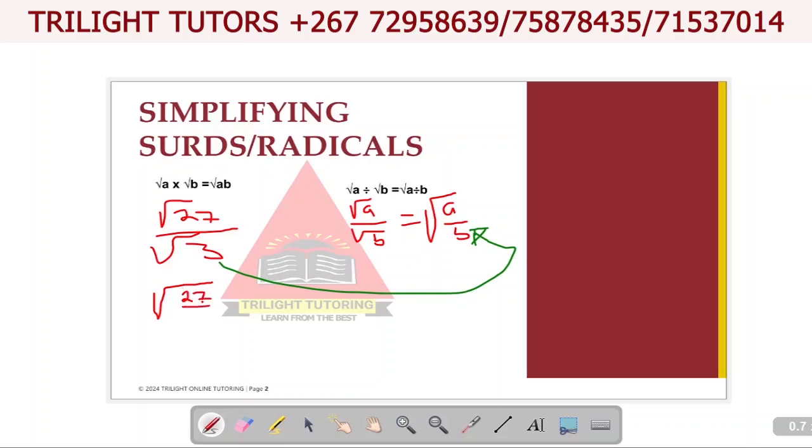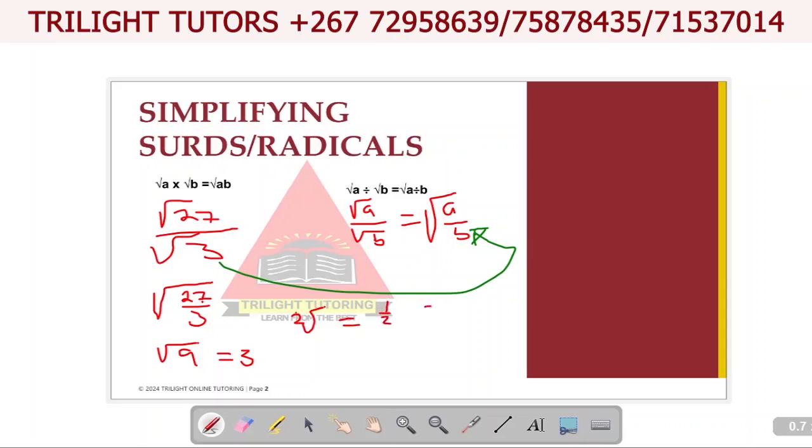After we see that 27 divided by 3 is what? 9. Since we know that 9 is a perfect square, remember 3 times 3 is 9, we need to simplify it. So we're going to have what? 3. Remember the rule of indices again here. Remember we said the square root is the same as power half.